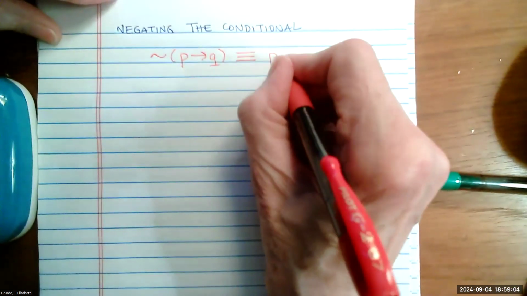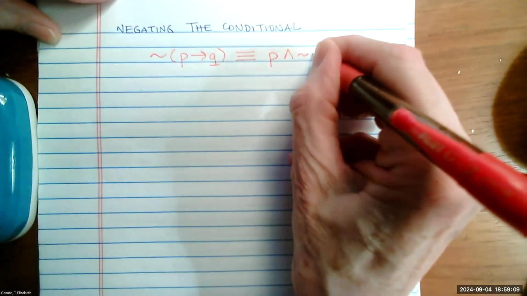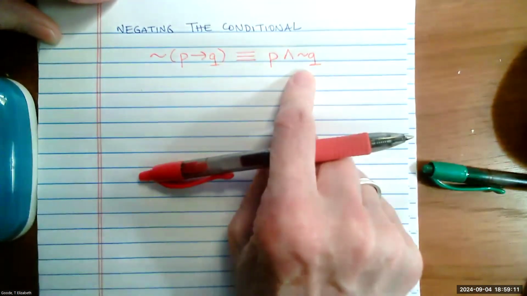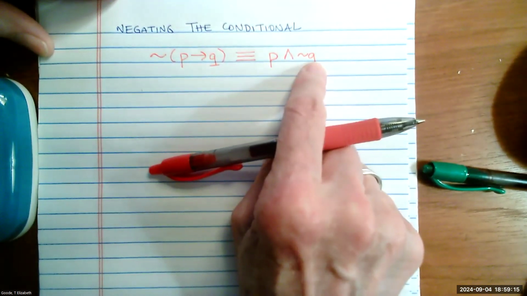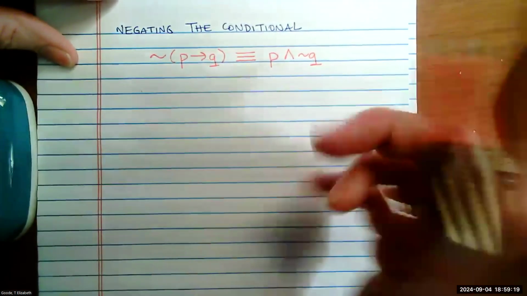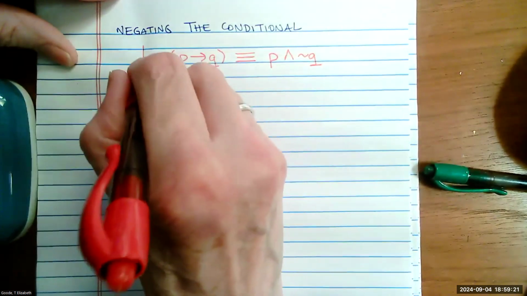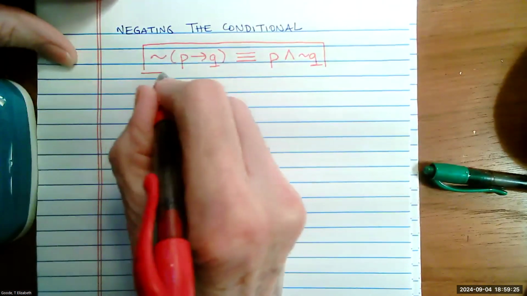It means P happened, P is true, and Q failed, which means not Q is what is true. P happened and Q didn't follow. This is what the negation of P implies Q looks like.